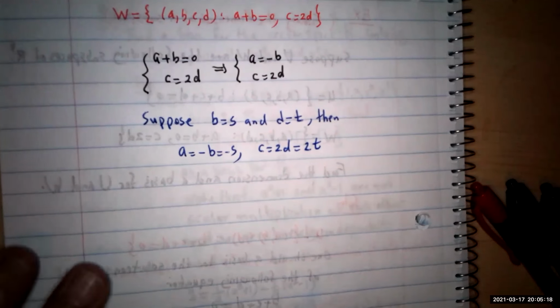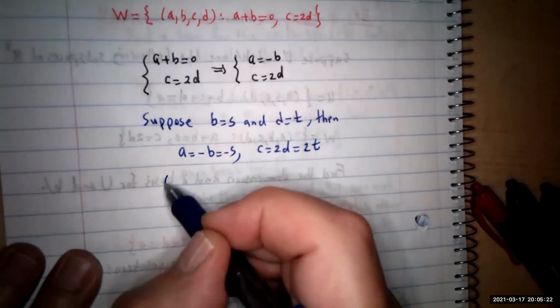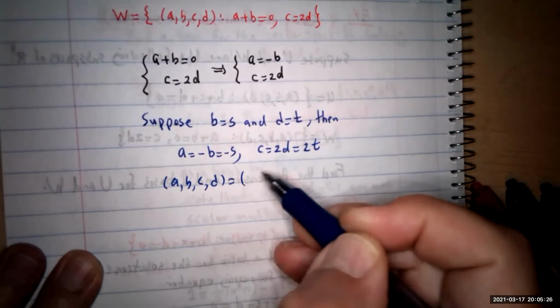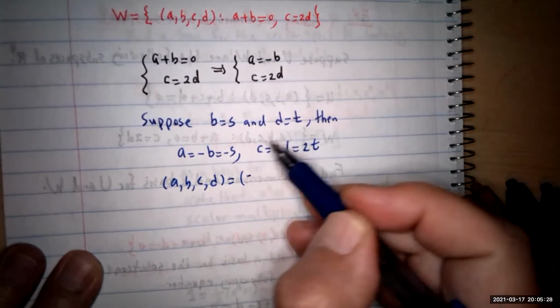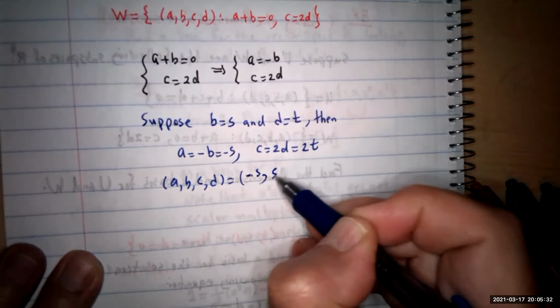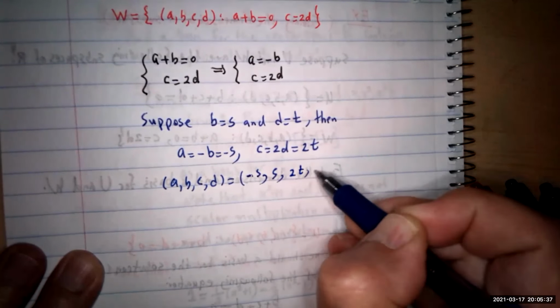So you have a solution. So what's going to be your W now? You have the A, B, C, D. What is A? A is negative S. What is B? B is S. What is C? C is 2T, and D is T.